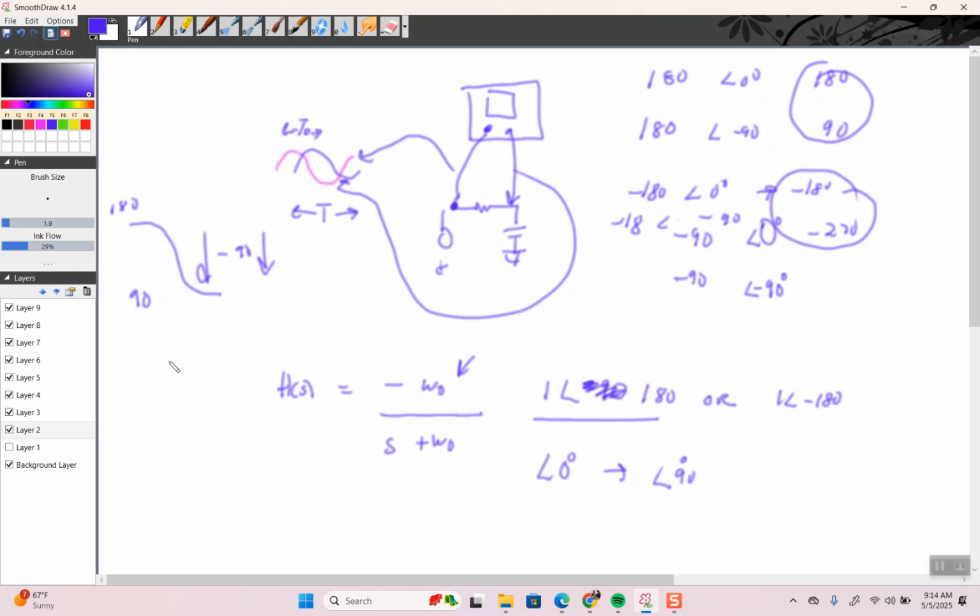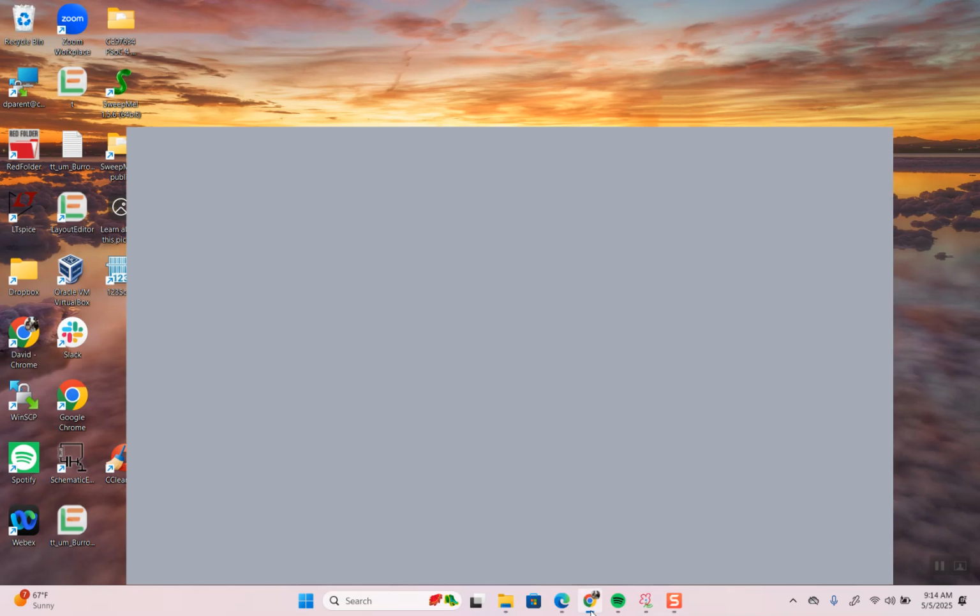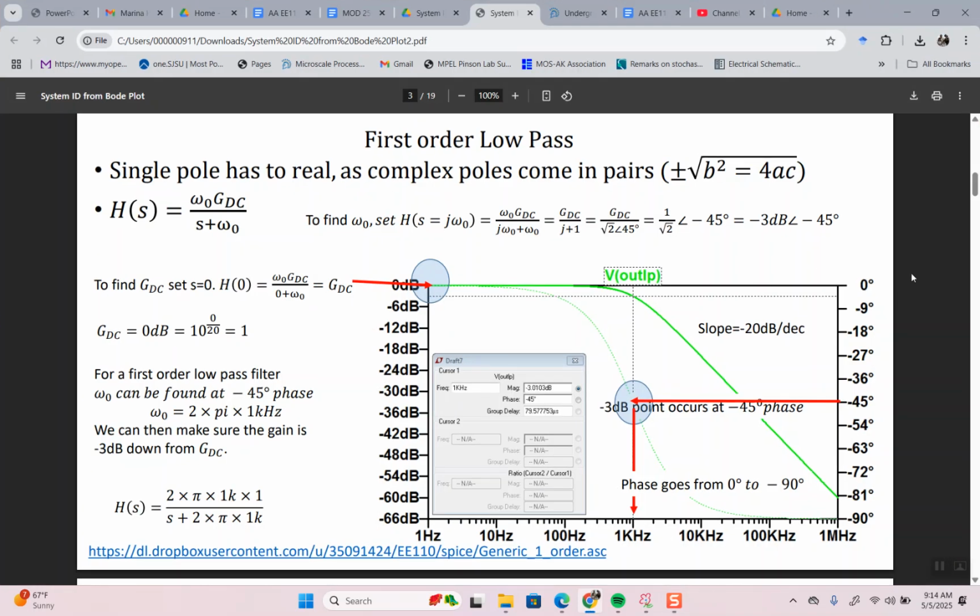And so given that it doesn't go from 0 to minus 90, you know that it's inverting, right? So I don't really have to go through all of that. The phase starts at 0 and goes to minus 90, that's standard non-inverting. And then I see it goes from 180 to 90.